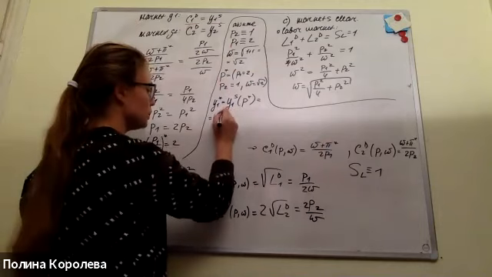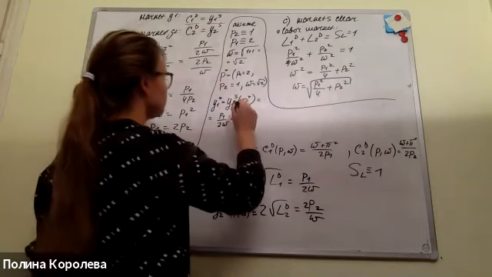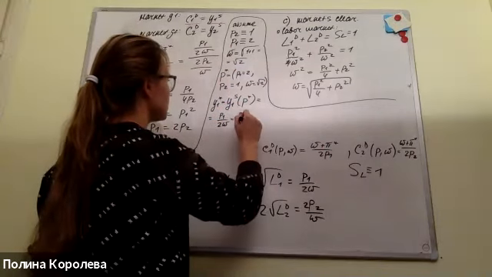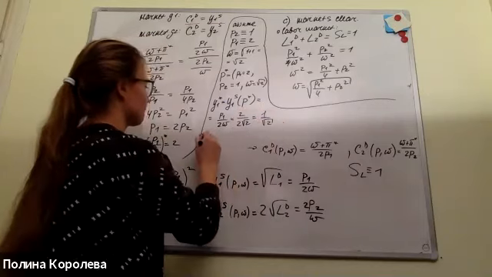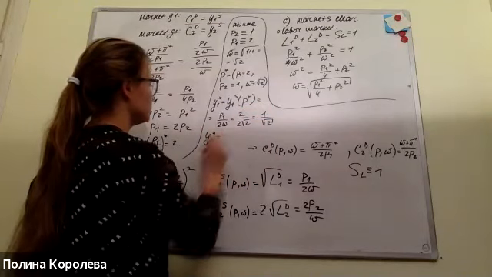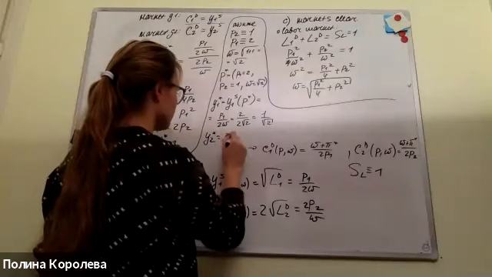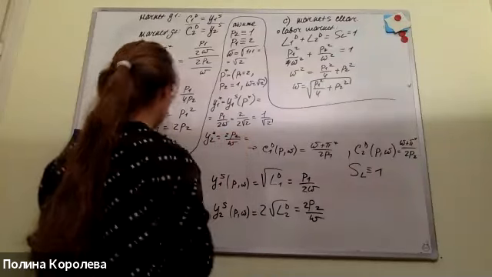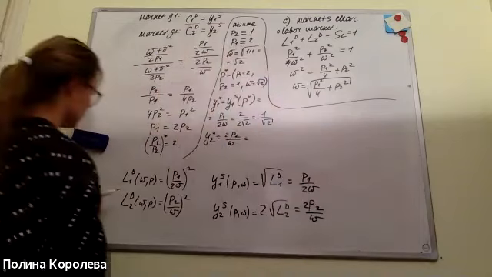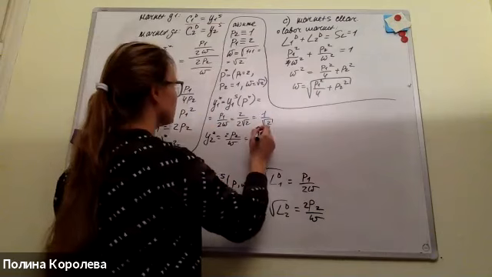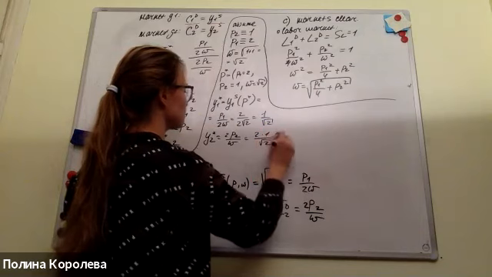So this will be P1 over 2V, 2 over 2 square root of 2. This is 1 over square root of 2. And Y2 equals 2P2 over V, and it is equal to 2 multiplied by 1 over square root of 2.